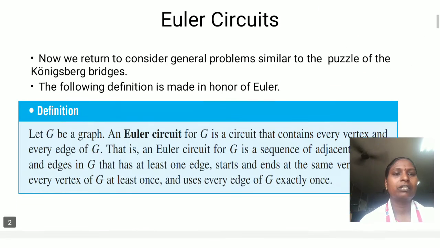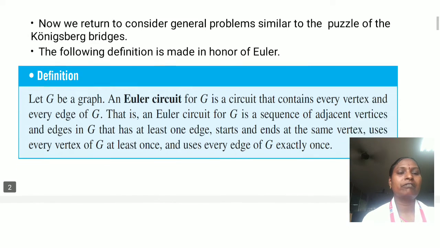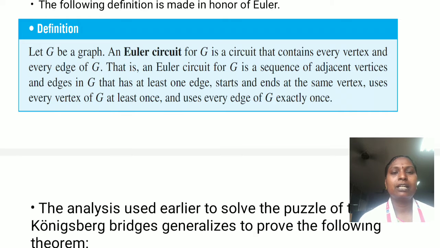What is an Euler circuit? Now we return to consider general problems similar to the puzzle of the Königsberg bridges. The following definition is made in honor of Euler. Definition: let G be a graph.